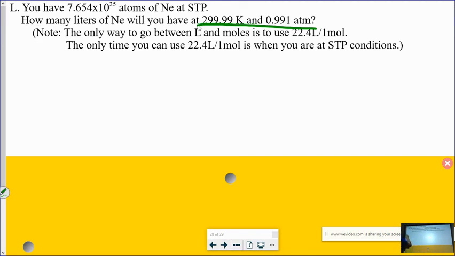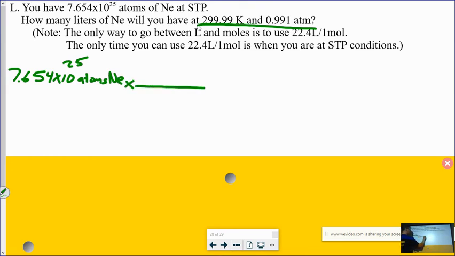So we start off with the atoms, 7.654 times 10 to the 25th atoms of neon. Multiplication sign, division bar, atoms neon. If you're on atom island, the only place you go is to mole island, so it's moles of neon. The number 6.02 times 10 to the 23rd is used there.